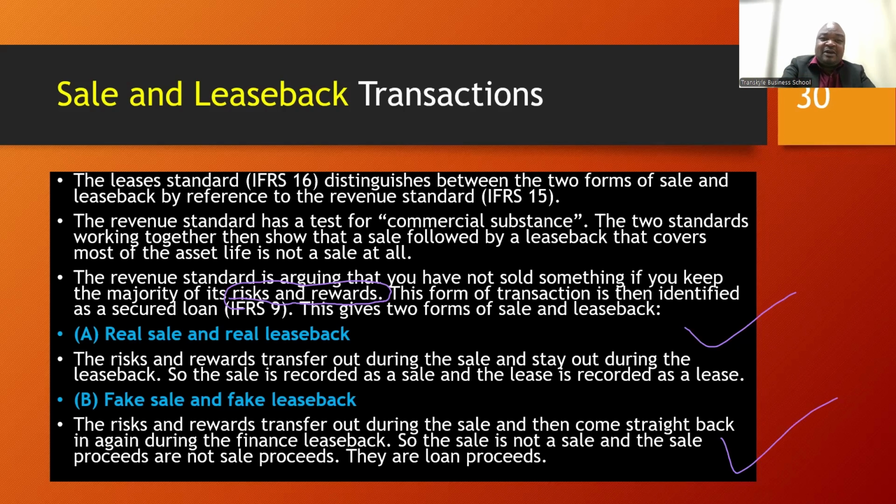But remember, we are told that there are two forms of sale and leaseback. There is a genuine sale and leaseback and a fake one. Now, somebody might ask, what if the sale was genuine, but the leaseback was fake? Can that happen?